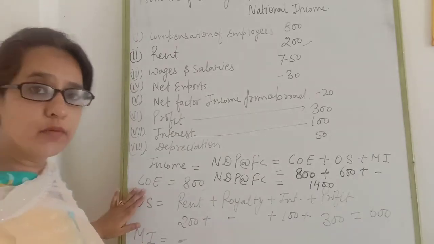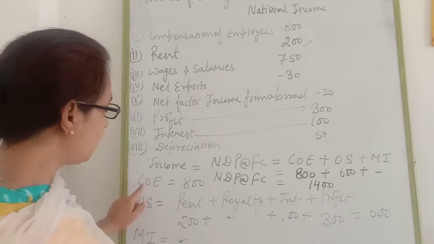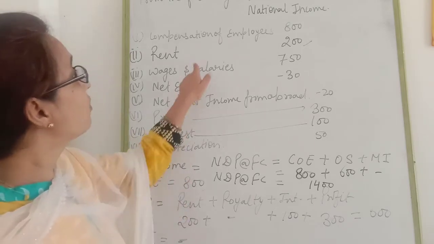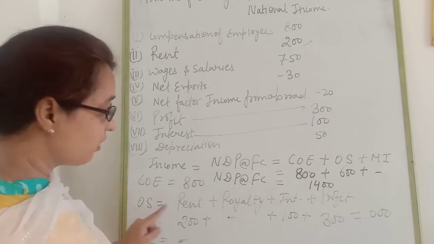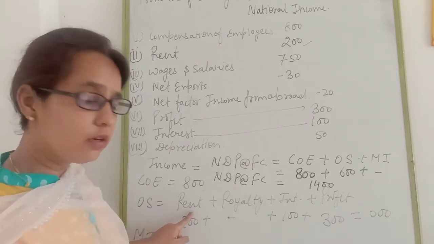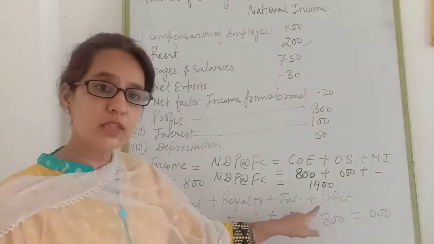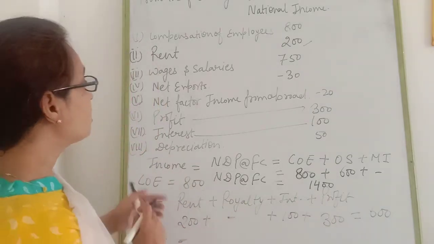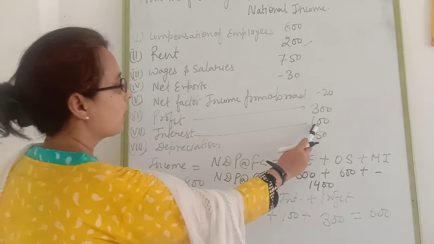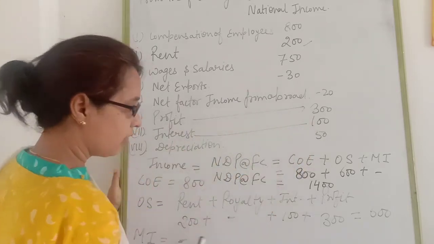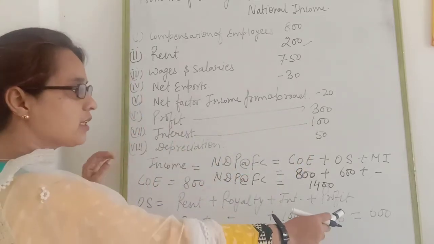Just let me explain again. COE, how much is it given? 800. Operating surplus, we are going to calculate. How to calculate? Rent plus royalty plus interest plus profit. Rent is 200, interest 100, profit 300. How much is it? Operating surplus 600.